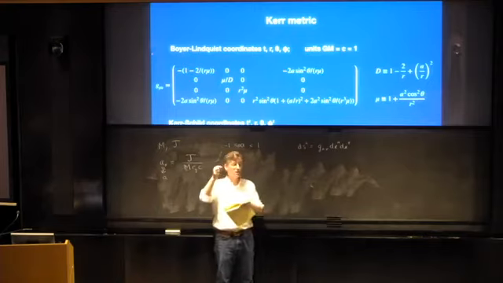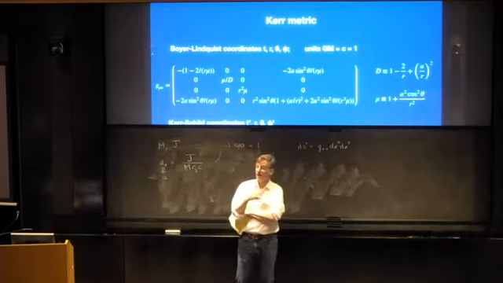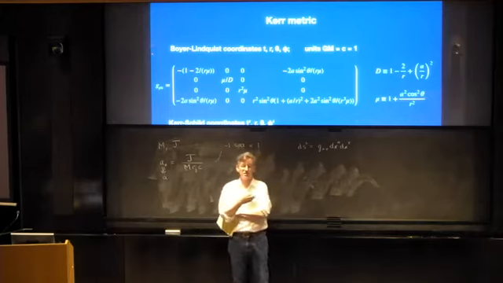Okay, so another thing I want to point out about this metric is that this term, which is the g_tt term in both these coordinate systems in which I've written the metric, is the one that governs the Newtonian dynamics.